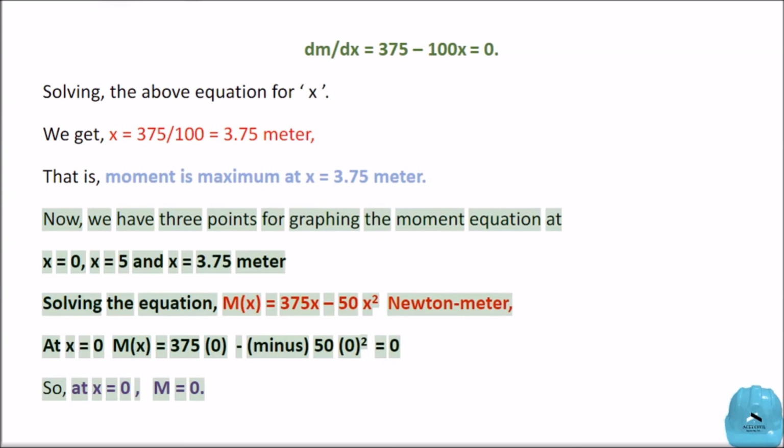Now, we have 3 points for graphing the moment equation: x equals 0, x equals 5 and x equals 3.75 meters. Solving the equation M(x) equals 375x minus 50x² Newton meter, at x equals 0, M equals 375(0) minus 50(0)² equals 0. So, at x equals 0, M equals 0.